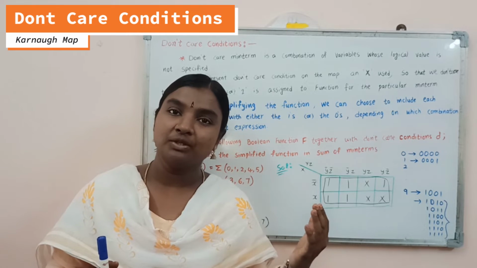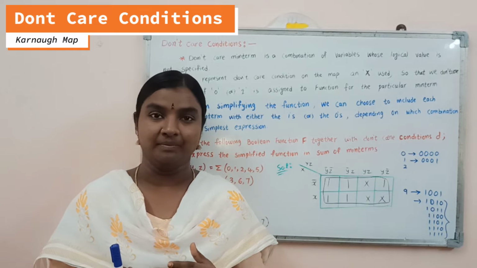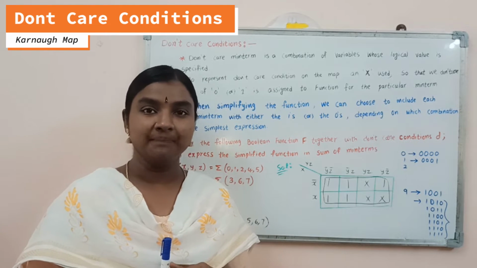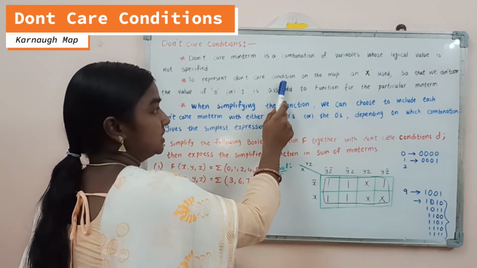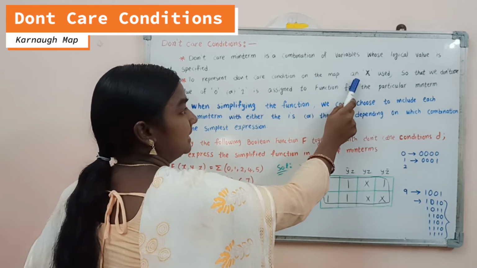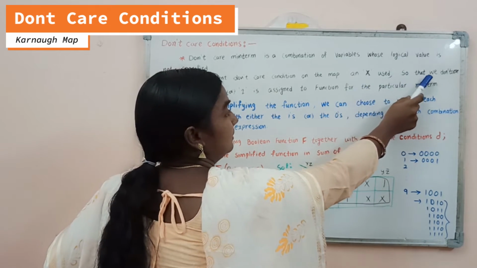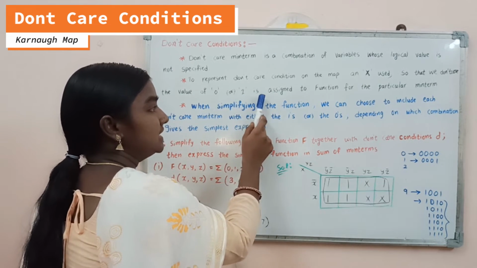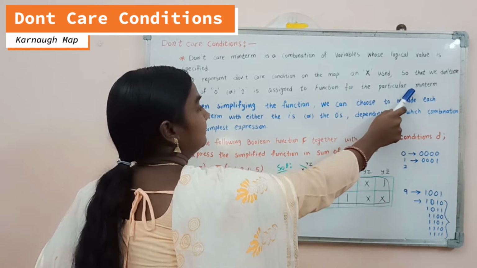Now we will discuss this point by using some examples. To represent a don't care condition on the map, a cross mark X is used, so that we don't care whether the value 0 or 1 is assigned to the function for that particular minterm.